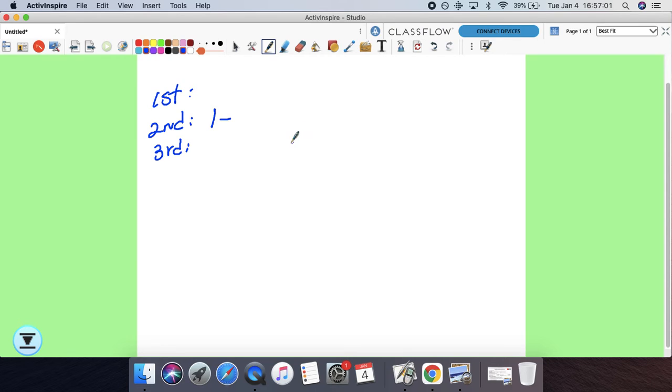Sorry, guys. So the second of 3 is 1 less than the first. We don't know what the first is, so let's call that x again. 1 less than the first, and again, less than is a turnaround, so that becomes x minus 1. So your second number is x minus 1.